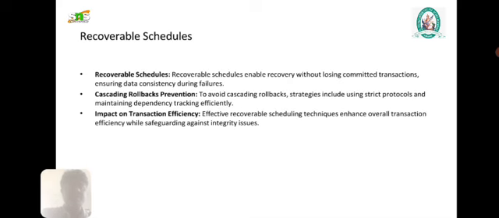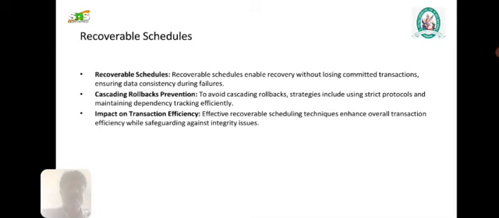Next, recoverable schedules, cascading rollback prevention and impact on transaction efficiency. Recoverable schedules enable recovery without rolling back committed transactions, ensuring data consistency during failure. Cascading rollback prevention means avoiding cascading rollback. The strategy includes using strict protocols and maintaining dependency tracking efficiently.